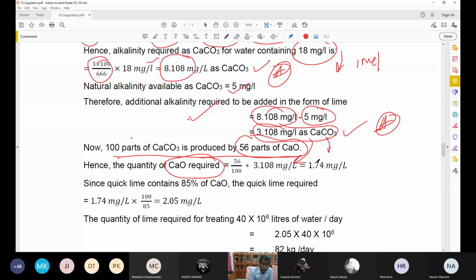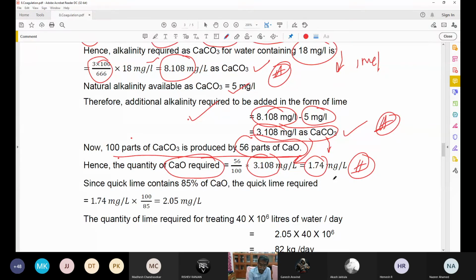You can also write down the equation and make an equivalent. It is not a very big task, only the steps will be increasing, but nothing wrong. Thereby the quantity of calcium oxide required is equal to 56 by 100 into 3.108, which is almost 1.75, 1.74 milligram per liter.